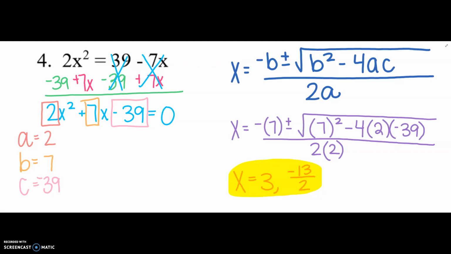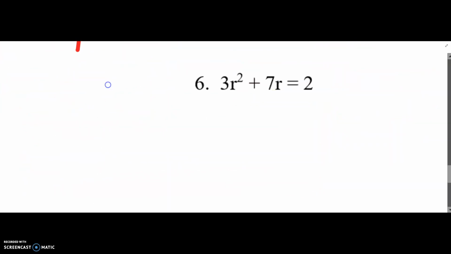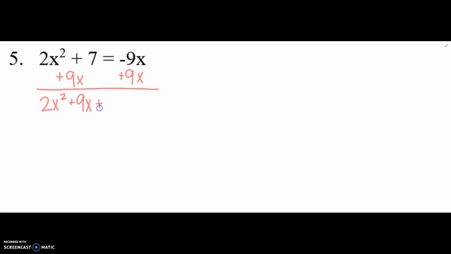All right, moving on to number 5. Number 5 is also a problem that is not in standard form. So we're going to have to move this 9x to the other side. We'll add 9x and rewrite our problem. 2x squared plus 9x plus 7 equals 0.